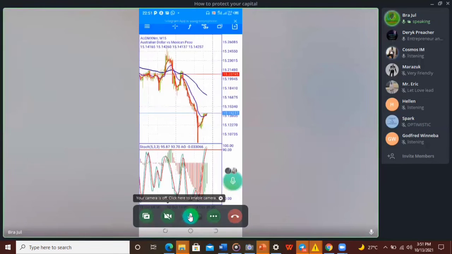Okay, since the price is moving, let's believe it's 50 pips and above. Just imagine your profit too. And the same way, if the market is moving against you, it moves heavily against you.